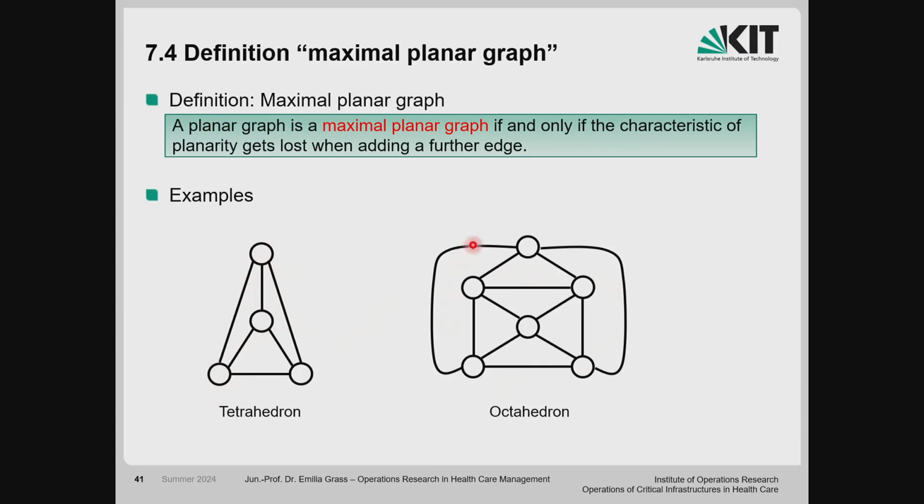If you would connect this node and this one, we would cross this edge, and therefore it's not a maximal planar graph anymore. And our goal is to find such a maximal planar graph, because then we can assign as many departments as possible into this hospital. So that would be optimal.